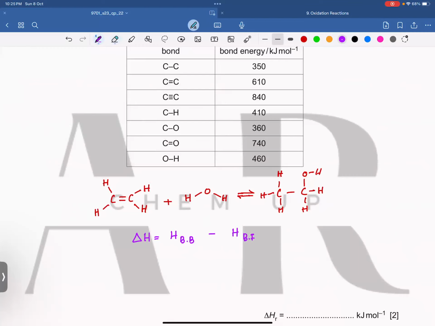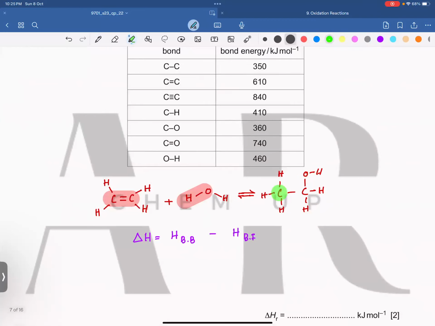So if you see, the bonds that are broken are this carbon-carbon double bond and one OH bond, and the bonds that are formed are this carbon-carbon single bond, then the carbon-oxygen single bond, isn't it?